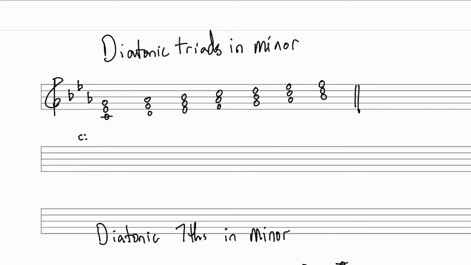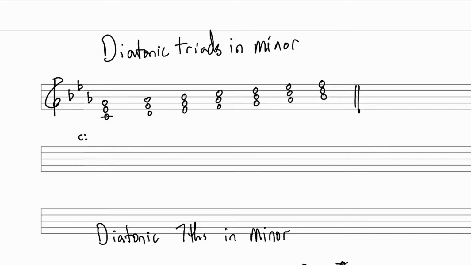So I like to think of it, instead of thinking of it as 3 different scales, instead just think of a single scale that has different options for the 6th and 7th scale degrees. It makes way more sense to look at it that way, especially the 7th scale degree. And that's the one that we're going to involve here as we look at the diatonic triads in minor.